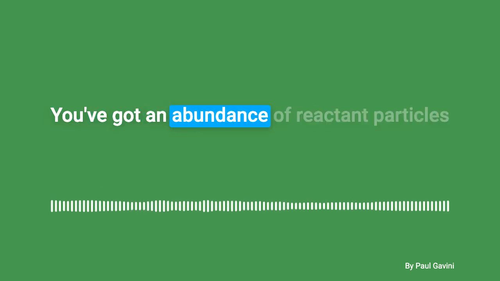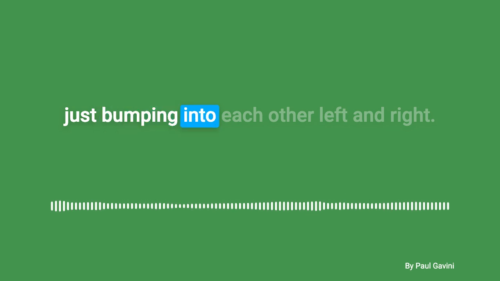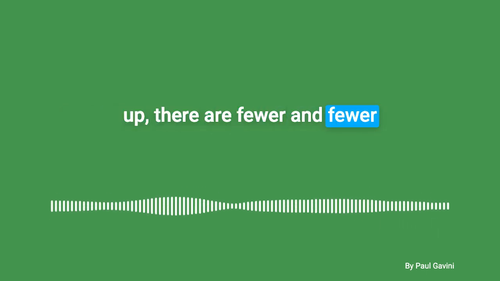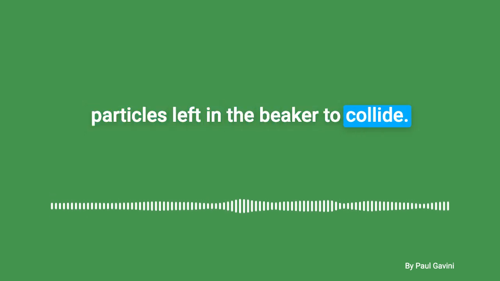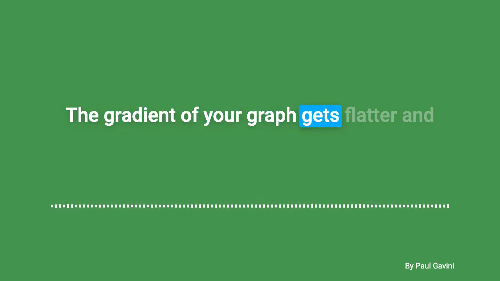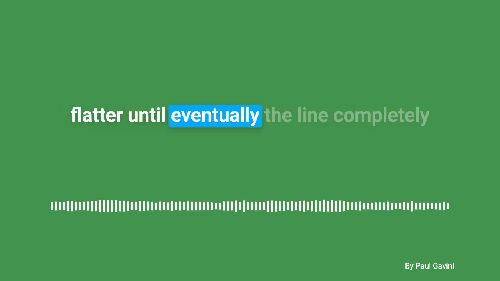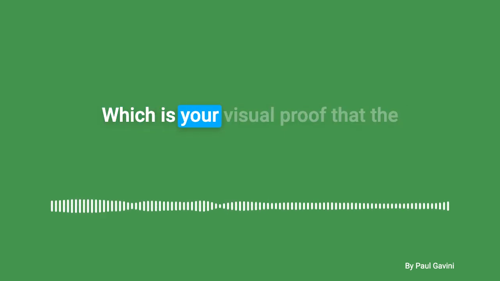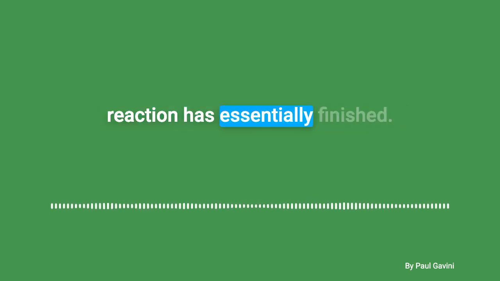You've got an abundance of reactant particles bumping into each other left and right. Exactly. But as those reactants get used up, there are fewer and fewer particles left in the beaker to collide. And fewer collisions mean the reaction has to slow down. Spot on. The gradient of your graph gets flatter and flatter until eventually the line completely levels off into a horizontal plateau. Which is your visual proof that the reaction has essentially finished.